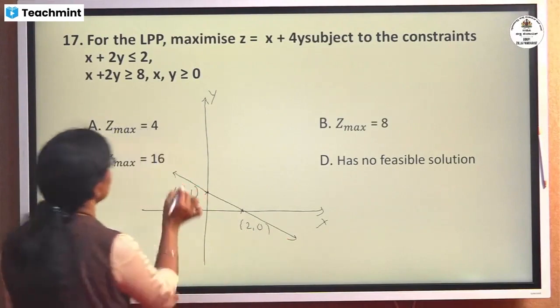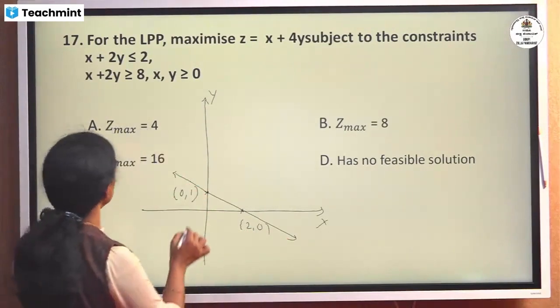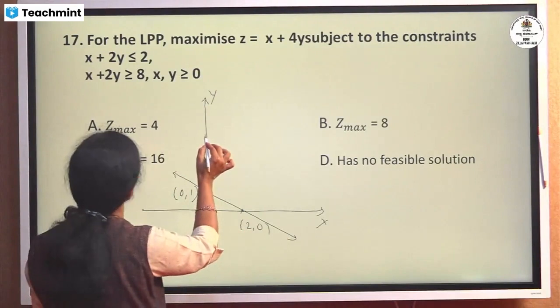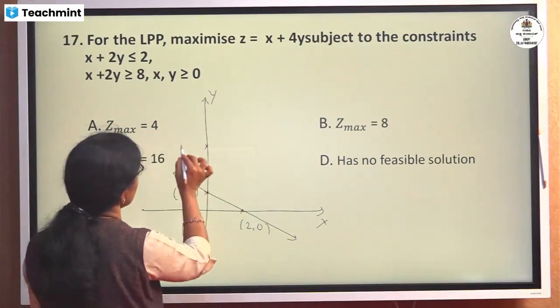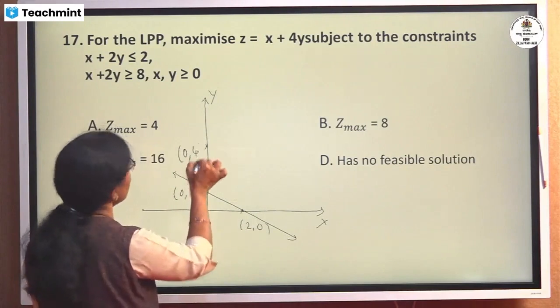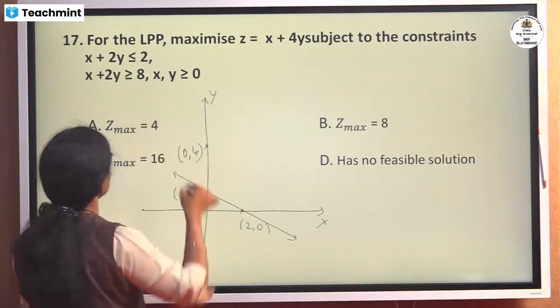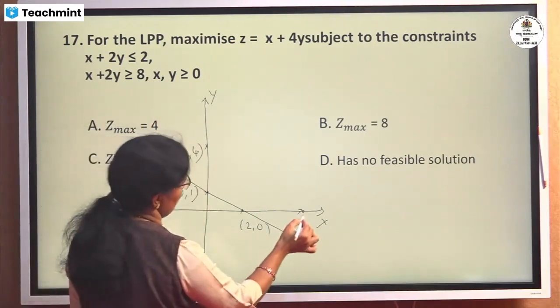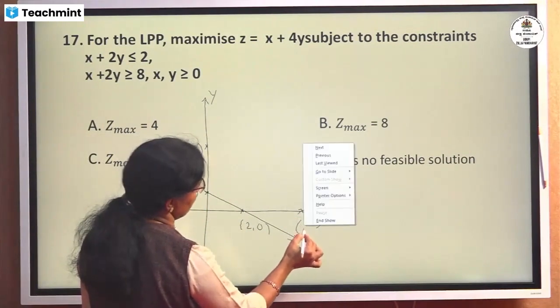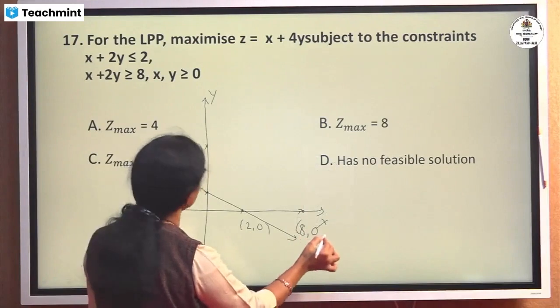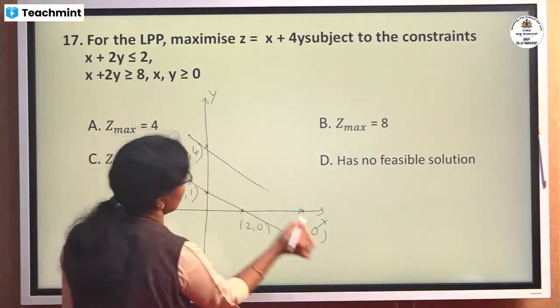And for x plus 2y equal to 8, x is equal to 0, y is equal to 4. So this is 0 comma 4. And when y is equal to 0, x is equal to 8, this is the point 8 comma 0. So this will be the line.